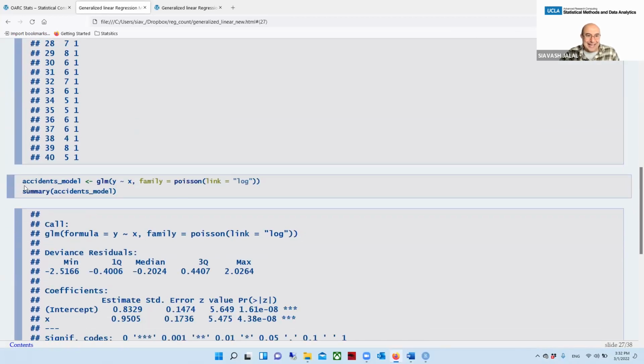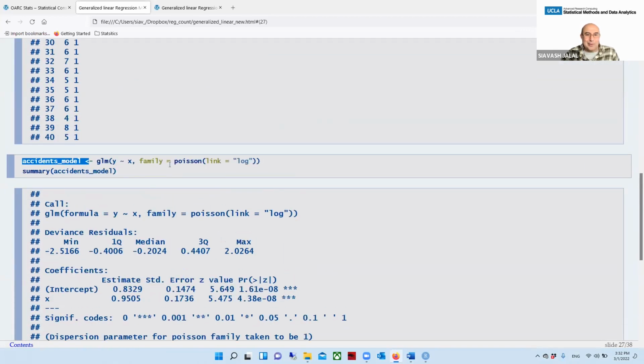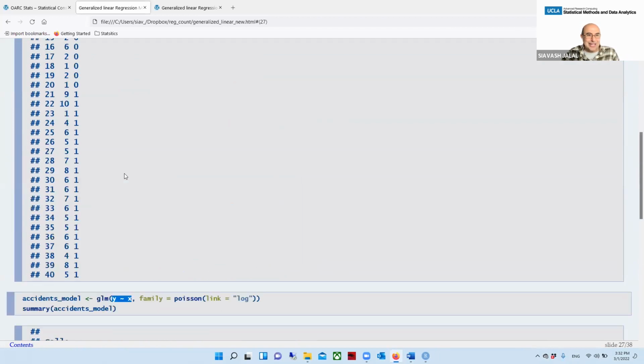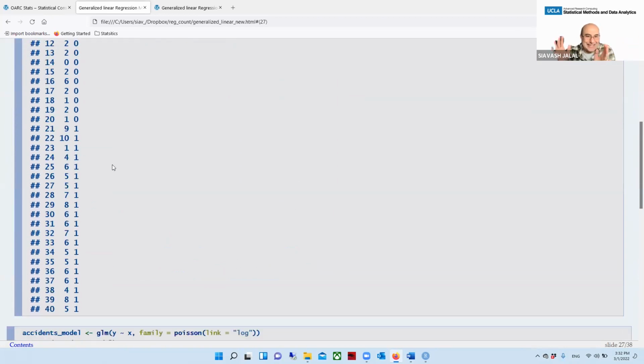Then I can run this data that I generated. You see here, I don't have data equal to data, because these two are already generated as two vectors in my working directory. So they exist there and I can just call them. I don't have to make a data set, but I could.